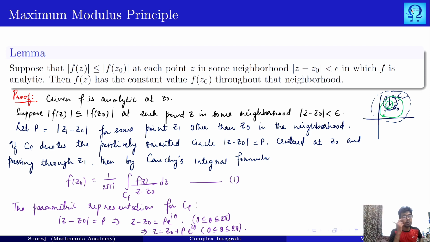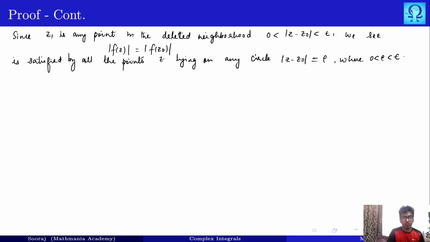So whatever may be the point that I choose, for which I am taking a neighborhood, inside which I am able to choose my circle the way I want. I can choose any point in the neighborhood, and with respect to that point I can find some radius, and with that radius I am forming a circle. So whatever the point and whatever the radius I choose, actually based on the point only we are choosing the radius, for all possible radii this is happening to be true, right?